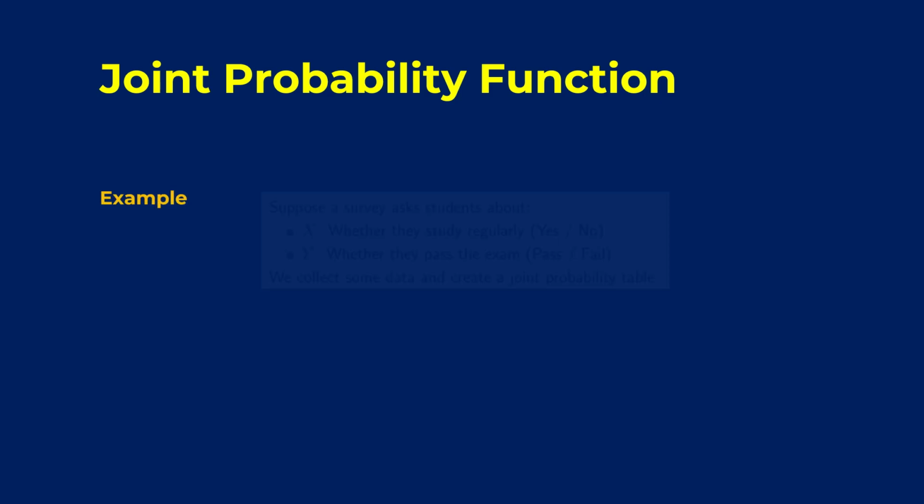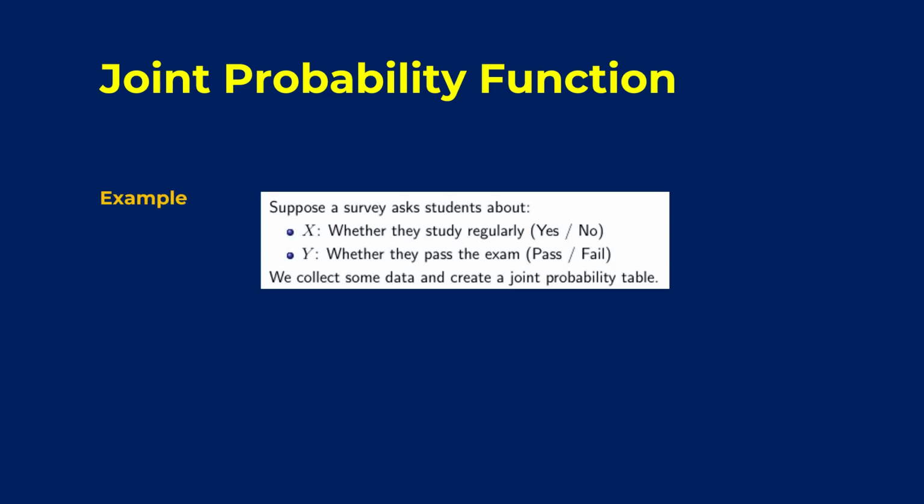Let's look at an example. In this case, suppose a survey asks students whether they study regularly, so that's the random variable x, and there are two answers to it, yes or no, and whether they pass the exam, and that's the random variable y, and again the answers are pass or fail.